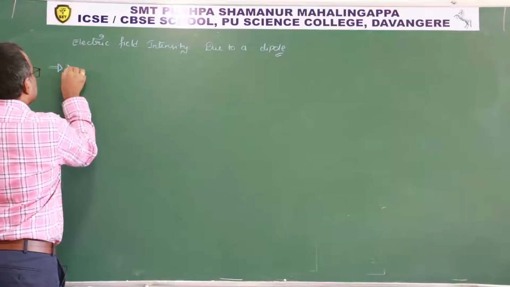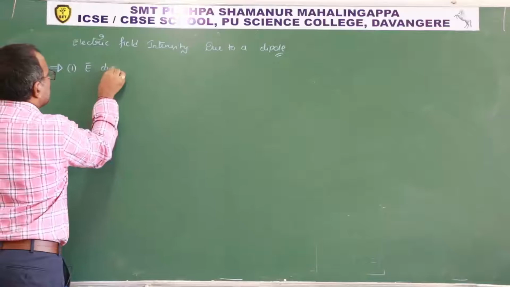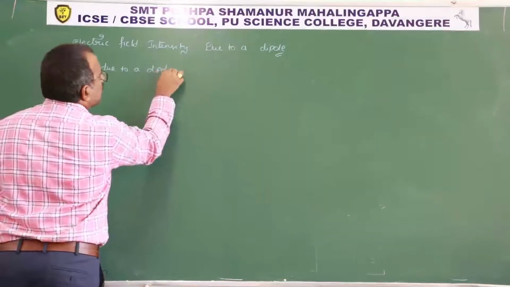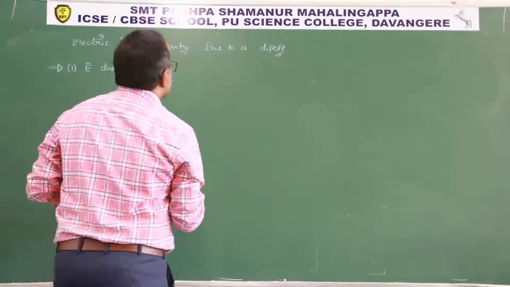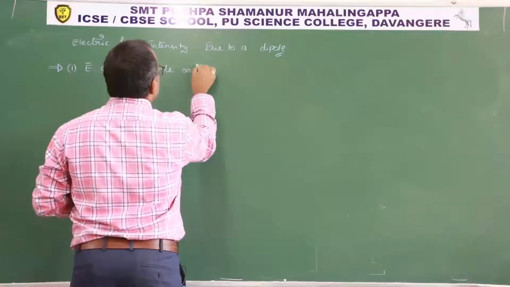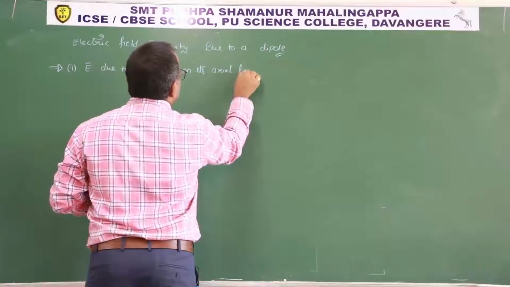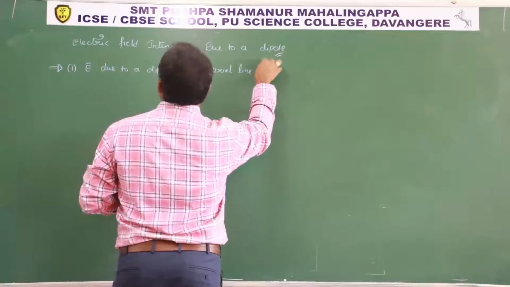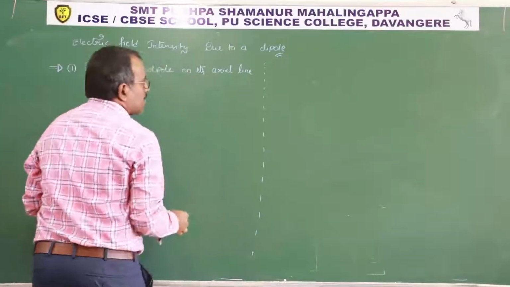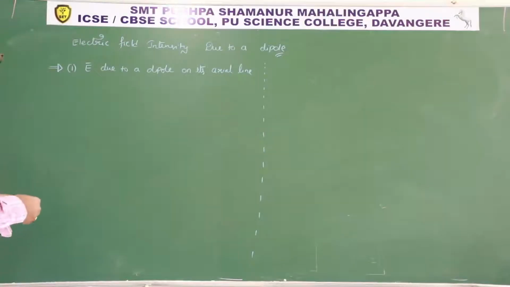Case 1, electric field due to a dipole on its axial line. On its axial line. So please make sure about this.